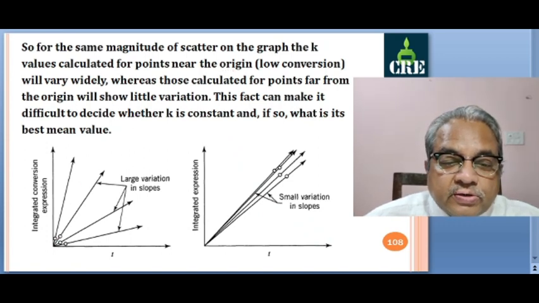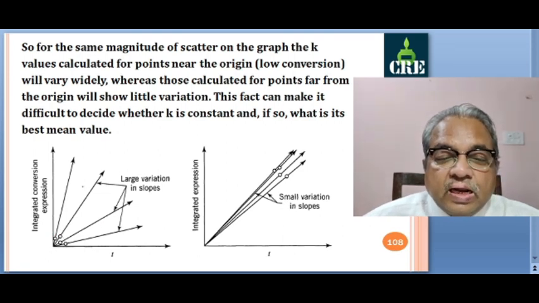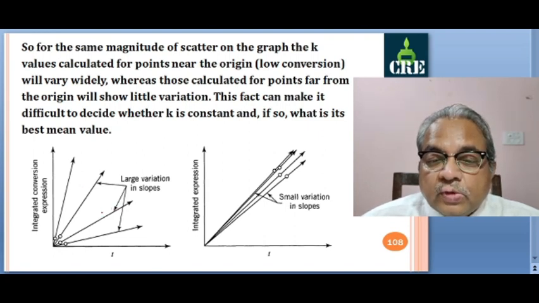If you consider these points near the origin, one point is the origin and one point is this point near the origin. If you draw the straight lines, these straight lines will have different slopes. So if you select the points near the origin and draw the straight lines, you will see there is a large variation in the slopes.